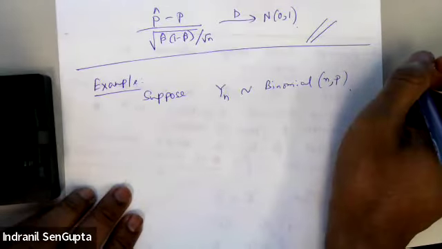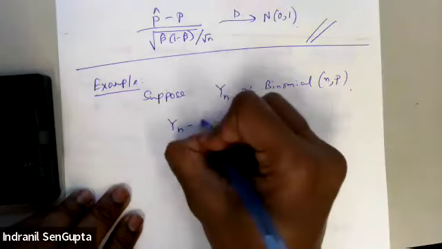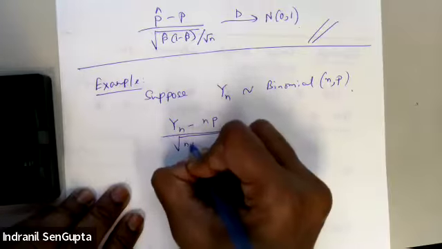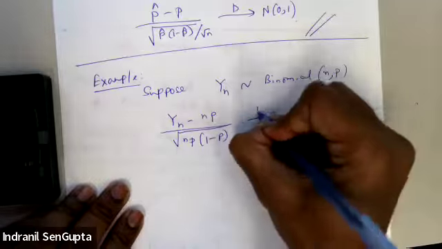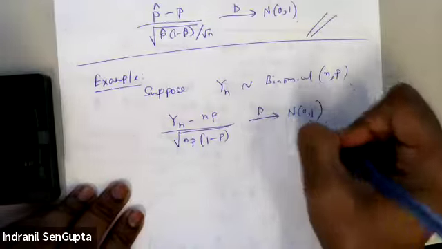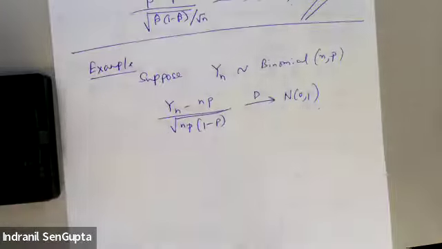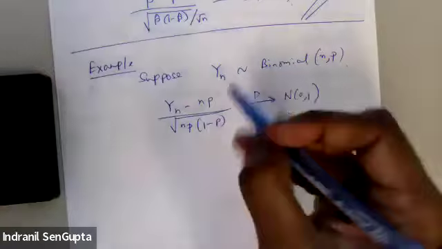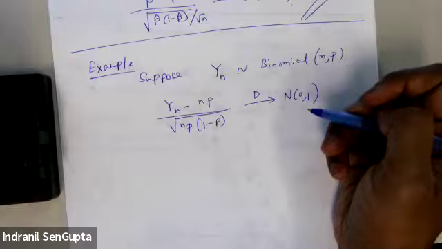Then we have seen that Y_n minus np over square root of np(1 minus p) converges in distribution to the standard normal distribution, right? Now, what is the square of a standard normal distribution? The square of this standard normal is the chi-squared distribution, right?